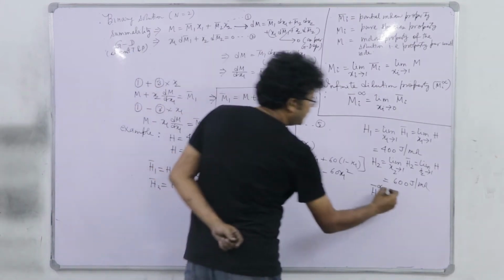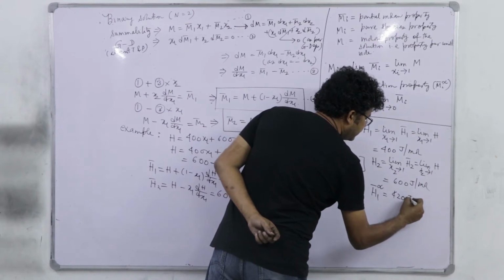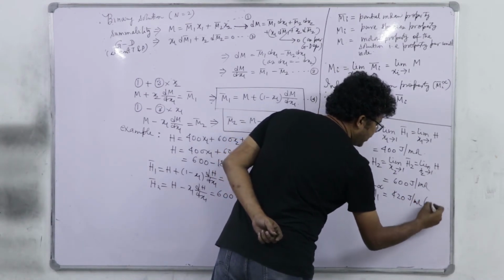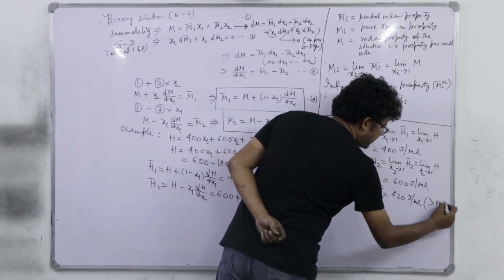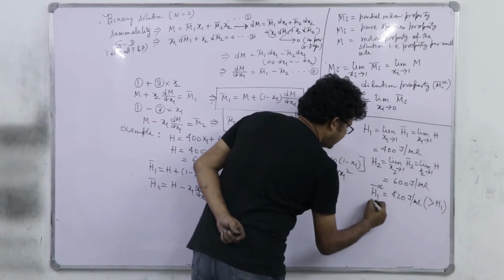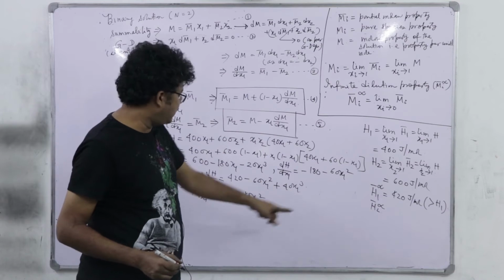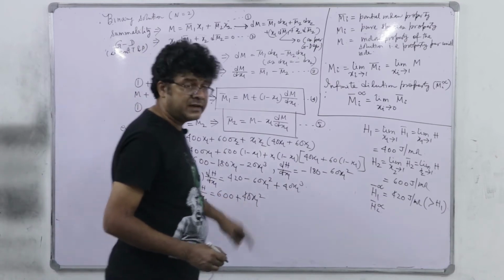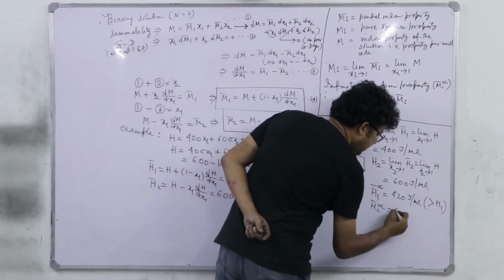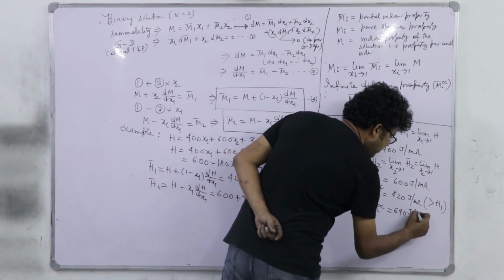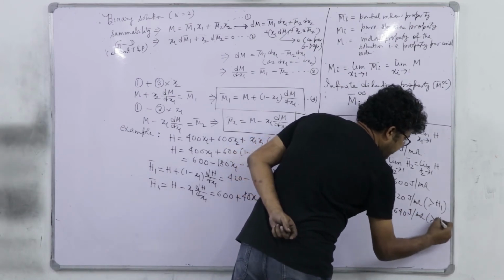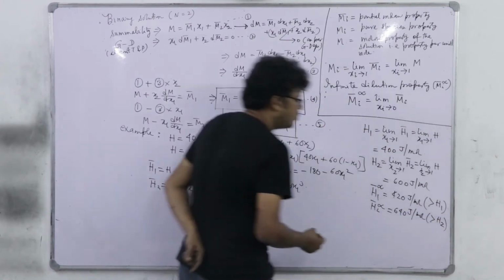So, the answer is 420 joule per mole, and what we observed is that it is greater than the pure species property. Similarly, H2 bar infinity, x2 tending to 0 means x1 tending to 1, so it is 640, and again that is greater than the pure species enthalpy of 2.